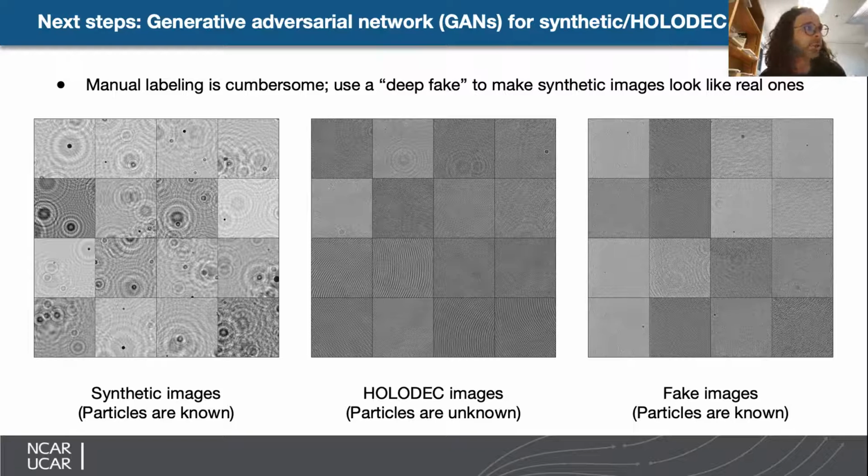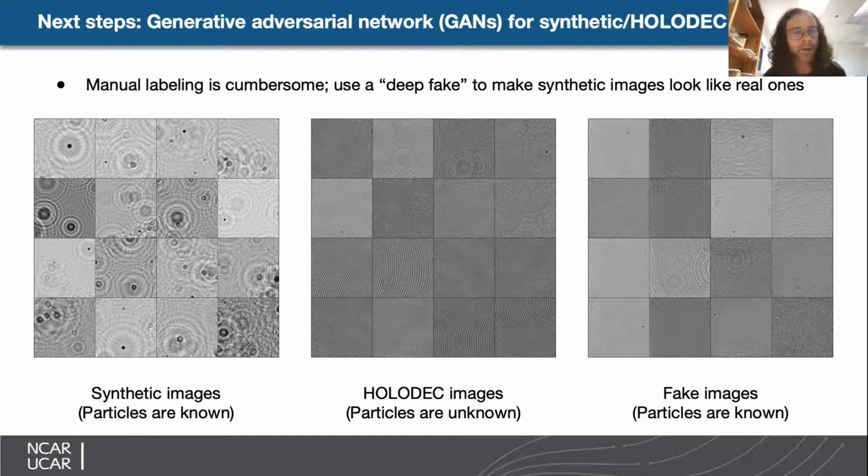But we still need to make our perfect examples shown on the left look a lot like holodeck examples shown in the middle. One way you can do this is by taking advantage of something called a generative adversarial network, or a GAN, sometimes called a deep fake. I think there's been a lot of fear in the media about deep fakes.